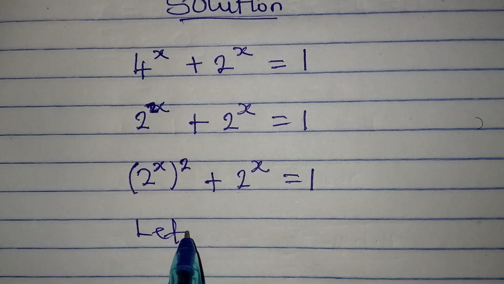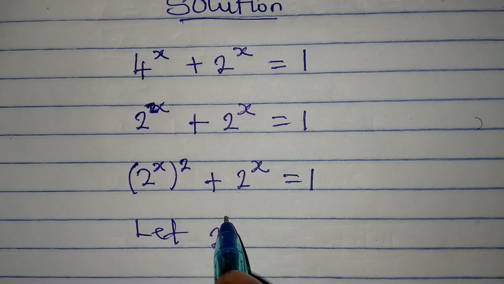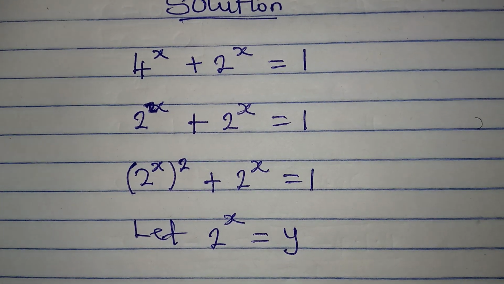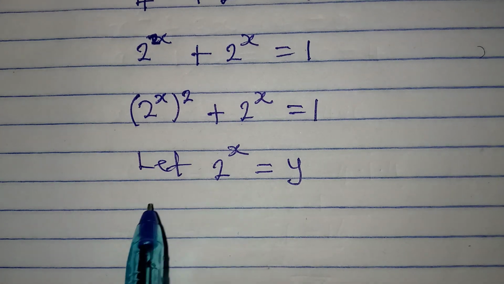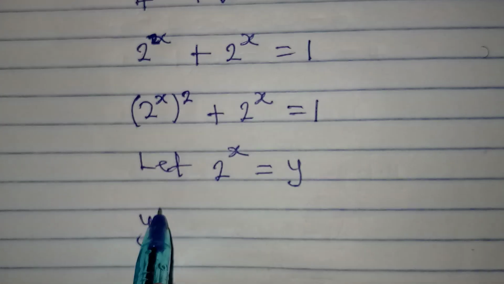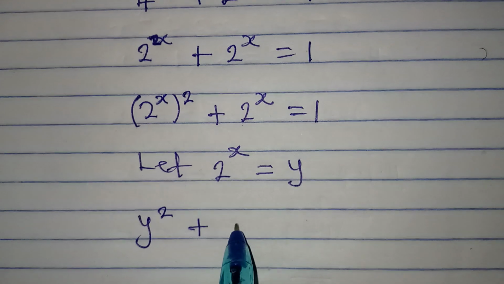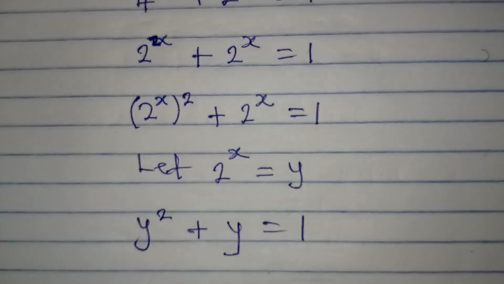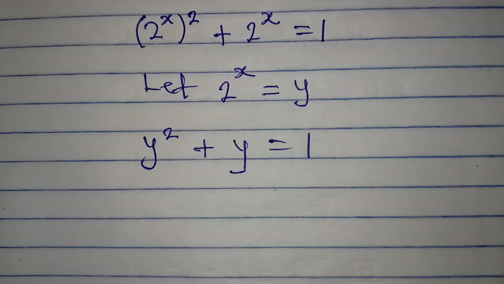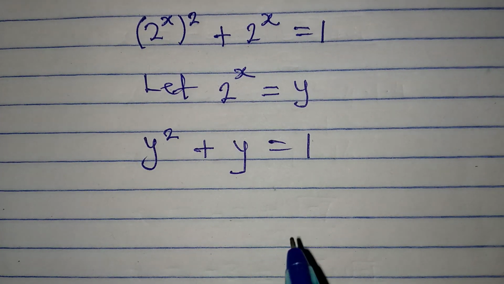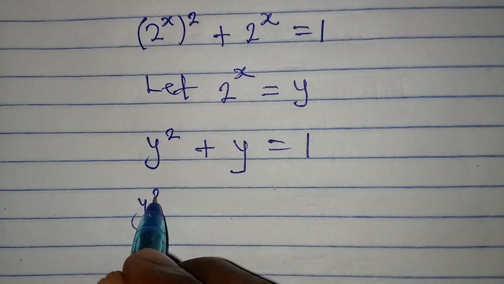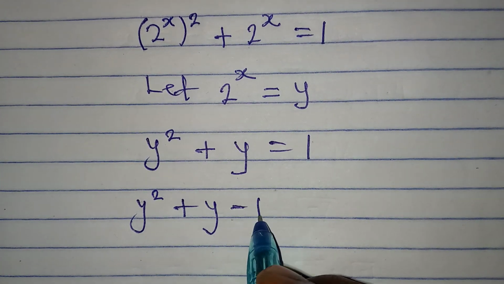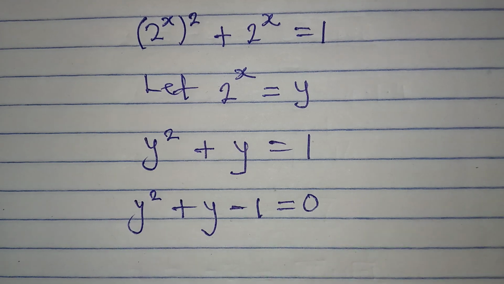Let 2 to the power of x be equal to y. So this means that I'm going to have y squared plus y equals 1. Now bring everything to the left. So I have y squared plus y minus 1 equals 0.